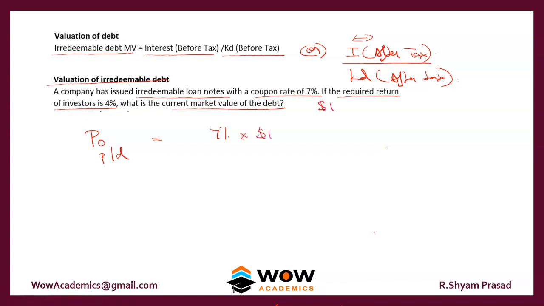If we assume the nominal value is 1, then we'll divide it by the KD. So we'll directly get the answer. The nominal value of $1 is being traded at 1.75. So that is the valuation of the irredeemable debt here.